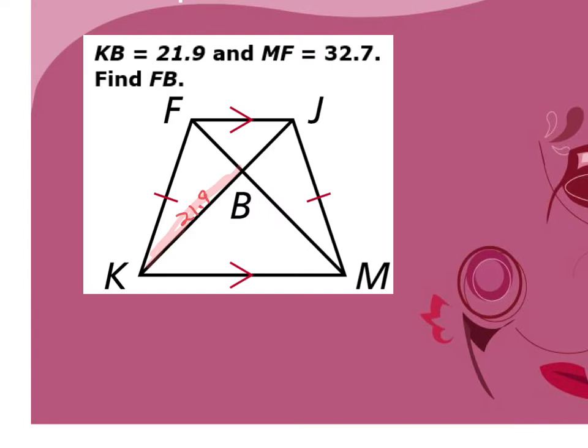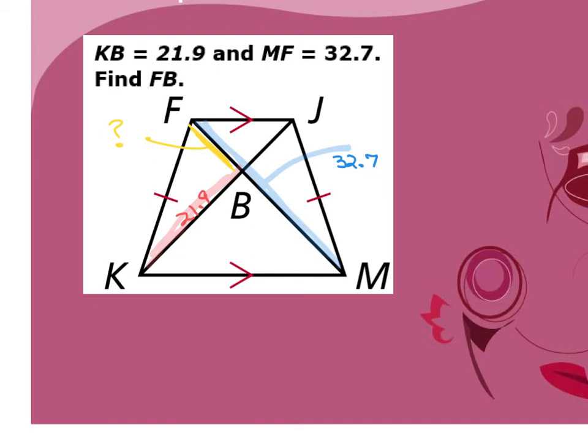Then they also gave me MF, which is this whole diagonal. So this whole thing is going to be 32.7. They want me to find the length of FB, and FB is right here.